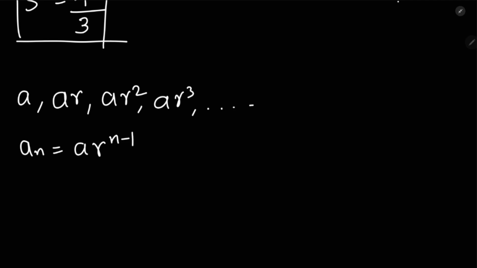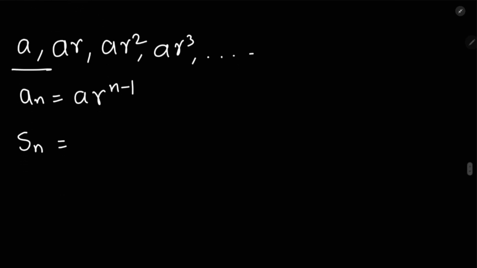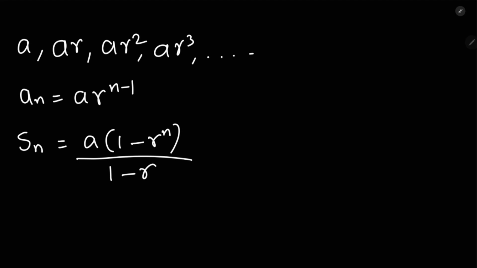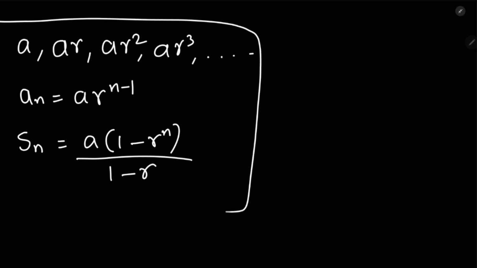And the sum of the first n terms of this geometric progression will be a into 1 minus r power n upon 1 minus r. So these are the main formulas, and you can solve more examples on this to practice it and to understand it better. Thank you.